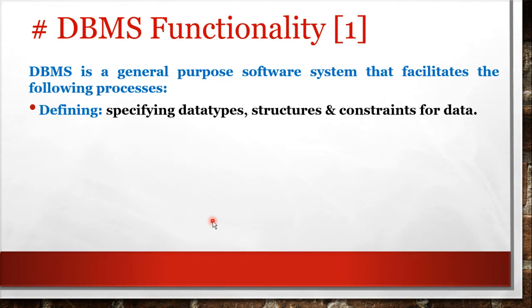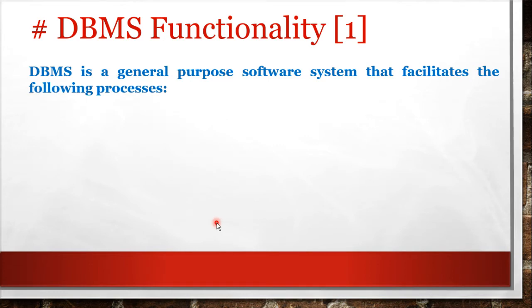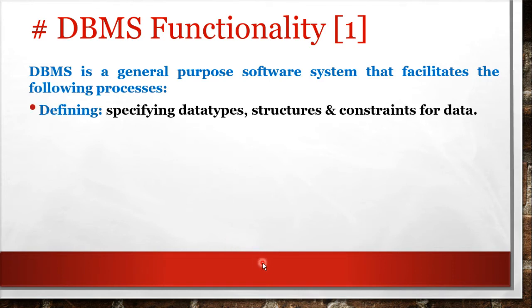DBMS is a general purpose software system that facilitates the following processes. The first one is defining, specifying data types. It helps us to define data types, structure, and constraints for the data.